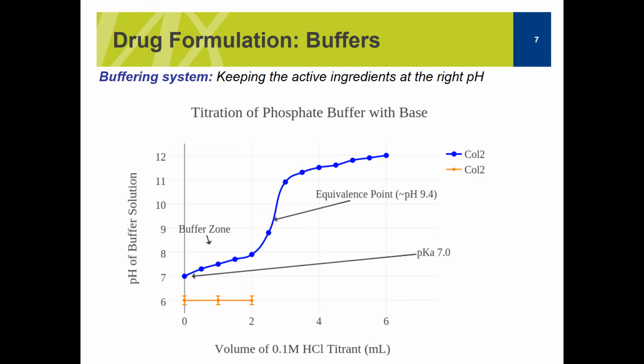Now once it reaches a certain threshold, then the pH increases tremendously. So what a lot of scientists do, if they have a chemical, an active ingredient, that needs a specific pH around 7 or 8 or 7.5, is they use phosphate buffer, so it protects the sample.